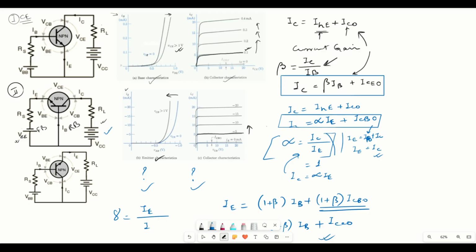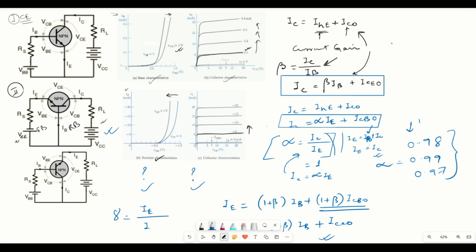So common base configuration is not suitable for amplification. Now the value of alpha for various transistors will be below 1. The ranges that we obtain are around 0.98, 0.99 or 0.97. So these are the ranges of the value alpha.